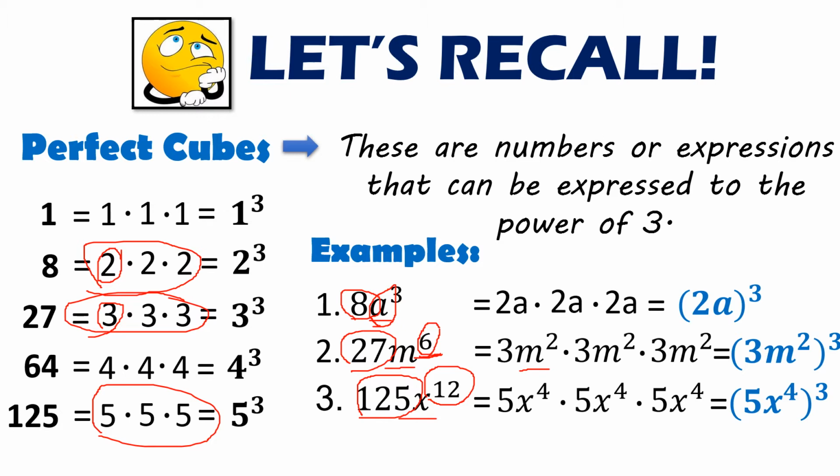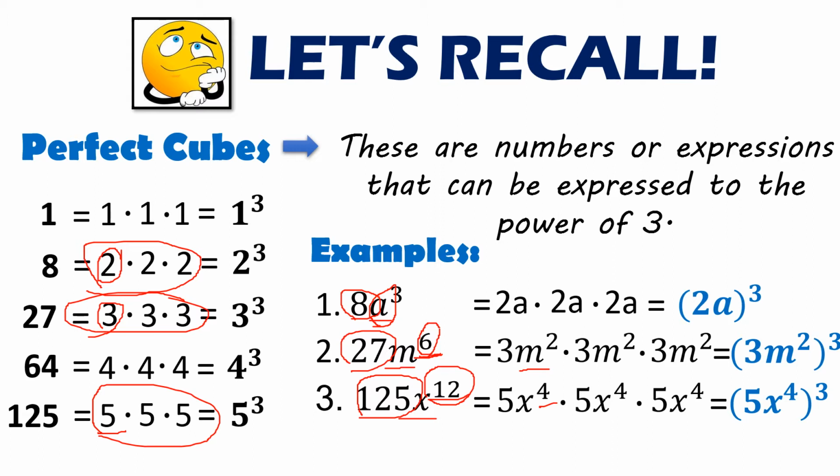Now, what are its factors? Again, let us use the numerical factor 5. So 5x raised to 4. Why 4? Because we are going to divide 12 by 3.